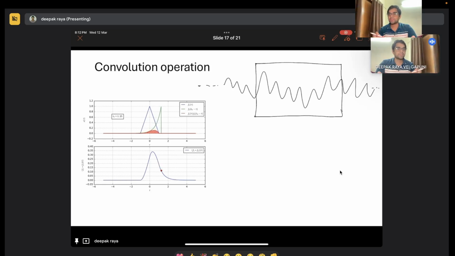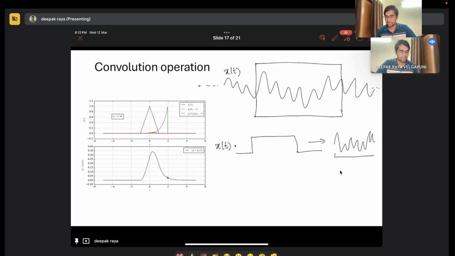If you want to snip a signal, what you would do is take this signal x of t and multiply it with a rectangle of whatever snippet length you want. Then you get a snippet of this signal, only this much.